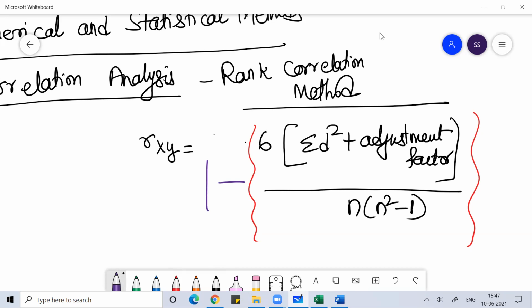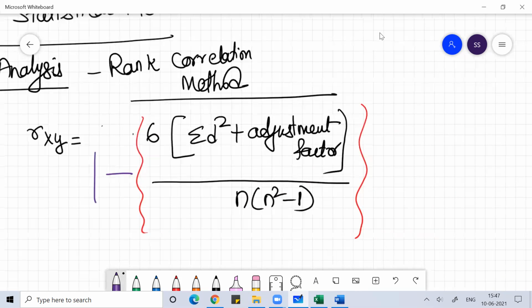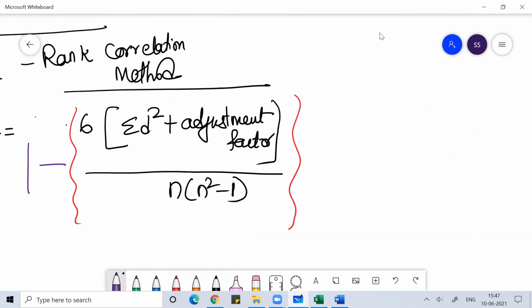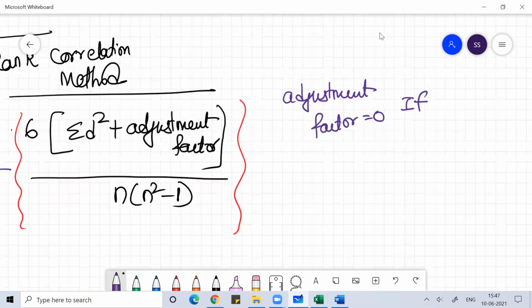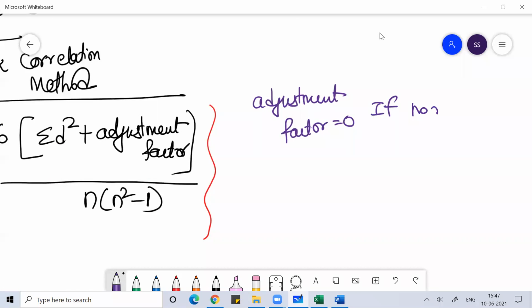Now under this method, the adjustment factor is 0 if there's no repetition of data. Always remember that.